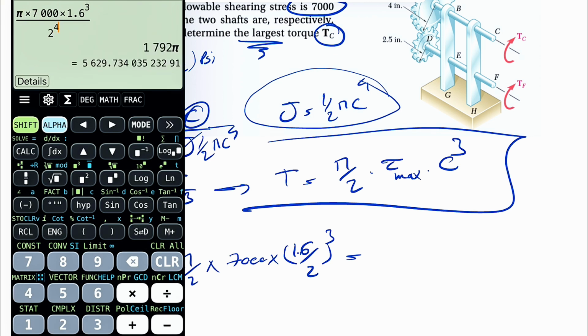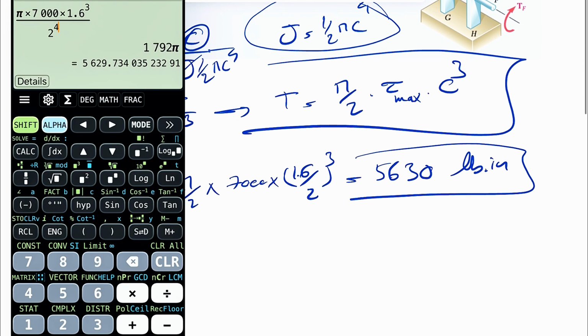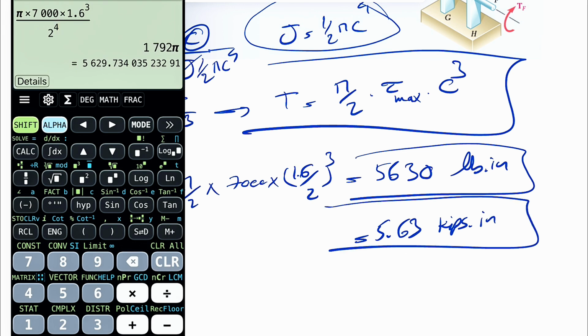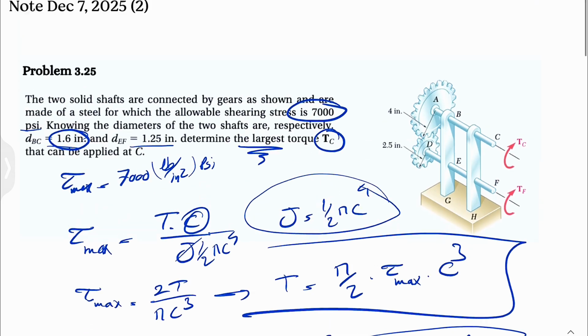That's going to give us the torque in pound inch, 5,630. We can also report this as 5.63 kip inch, dividing by 1,000. So that's what we found based on the shaft ABC.